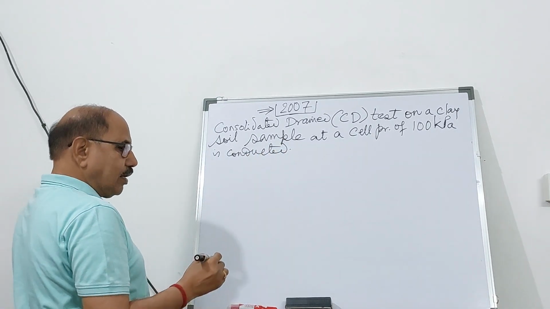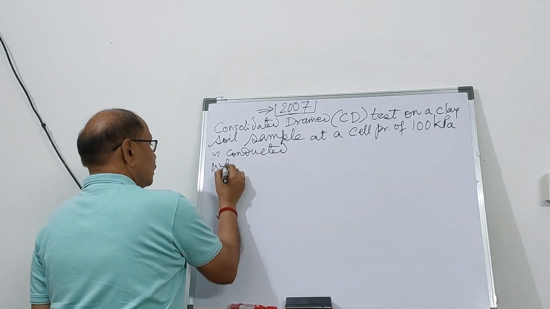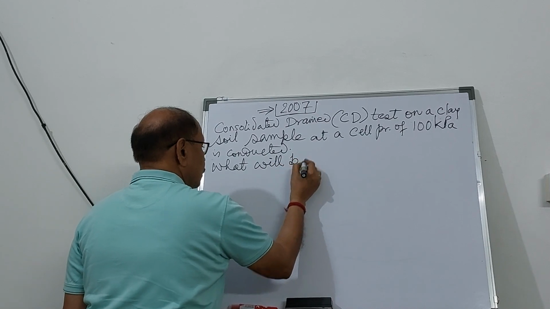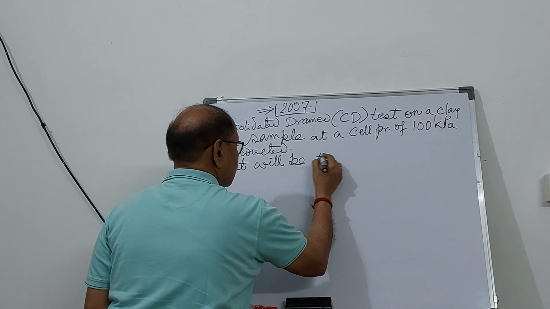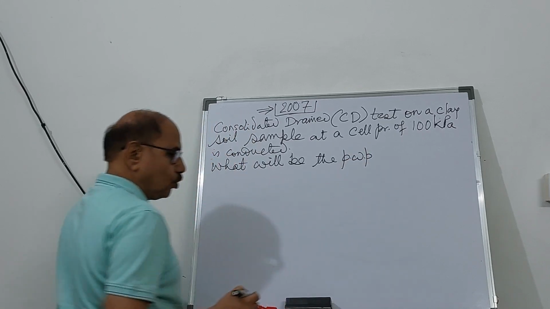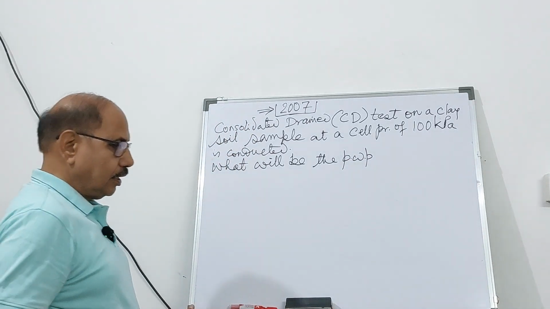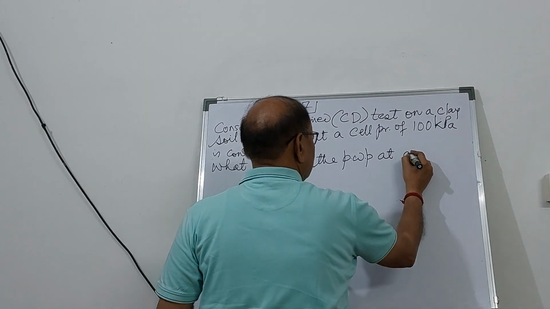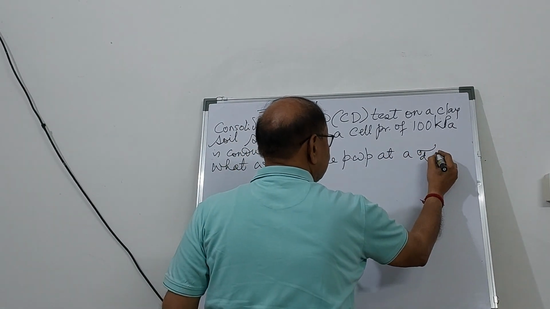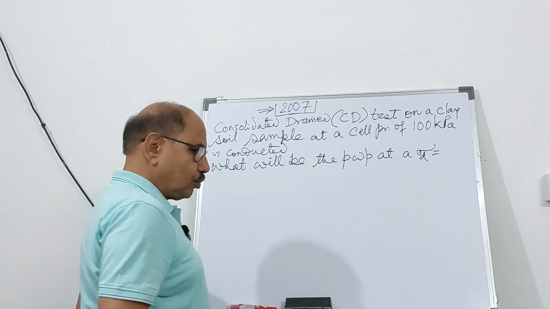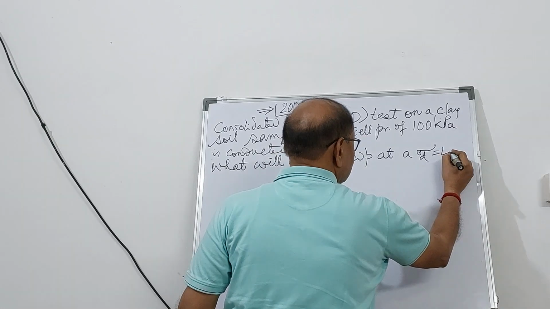What will be the pore water pressure at a sigma d, that is deviator stress, equal to 40 kilopascal?